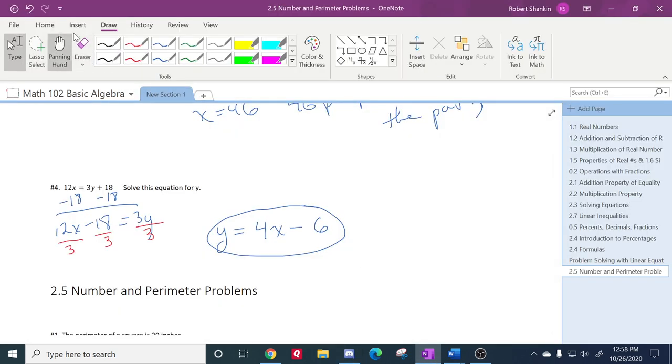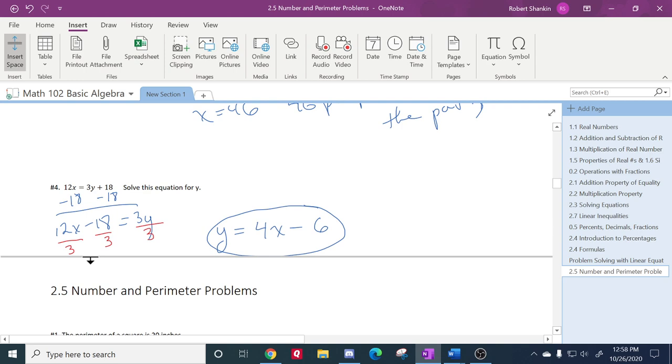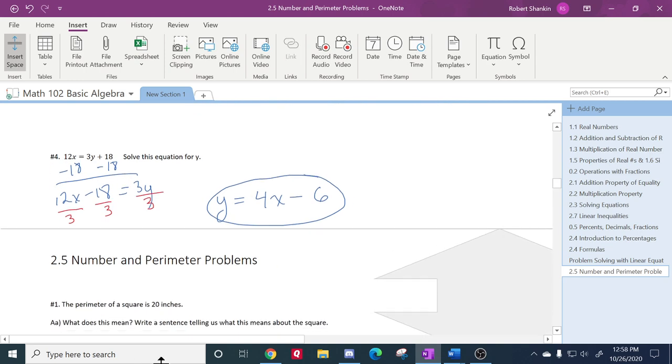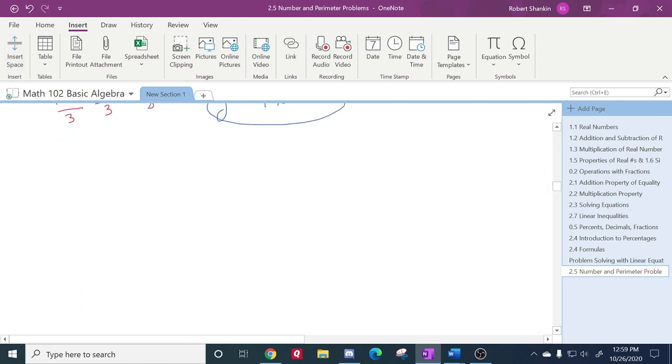All right, questions now. I have a question in regards to the Module 3 supplements. Do we have to do all the way from 7 to 17?